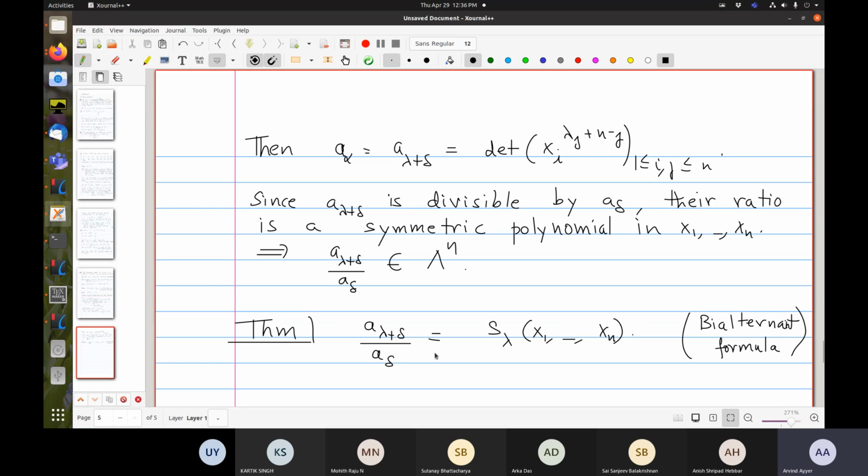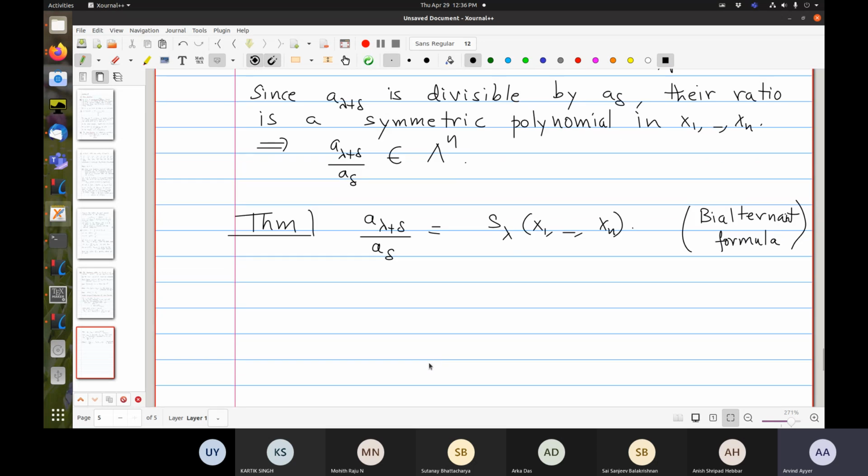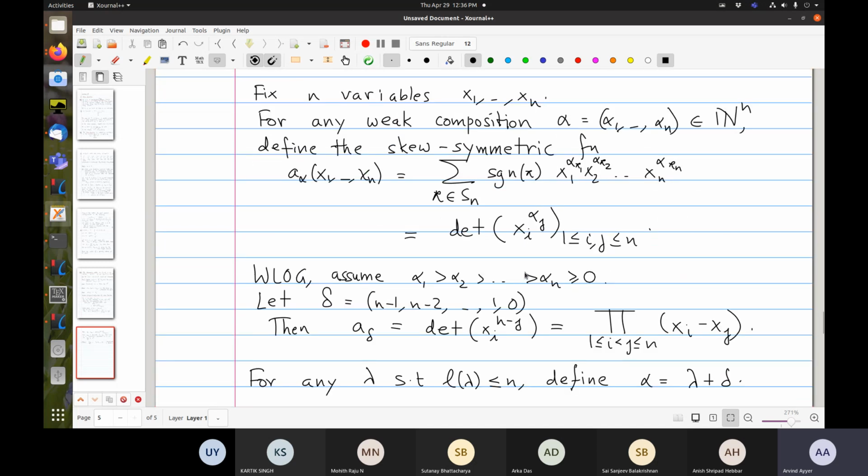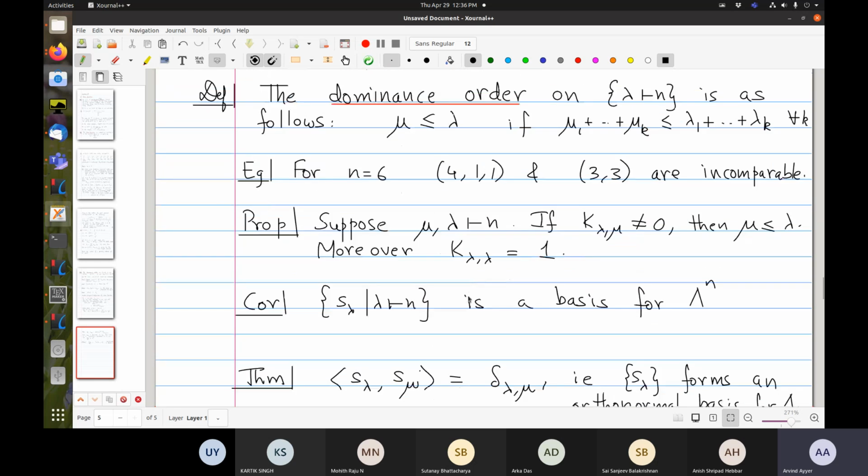Okay, so we have given two natural formulas. Again, as I said, I will not prove this. But one can prove this using careful analysis of the Kostka numbers.